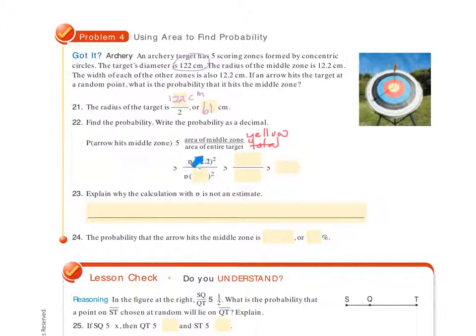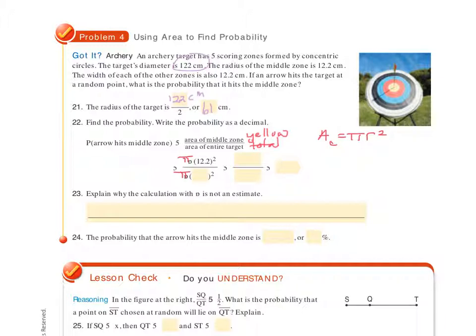That's supposed to be pi. I don't know if it's supposed to look like a p or a pi, but you need to change this, because remember, area of a circle is equal to pi r squared. So this little symbol that keeps showing up weird is actually a pi. So you need to fix that.